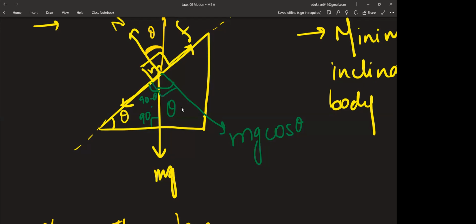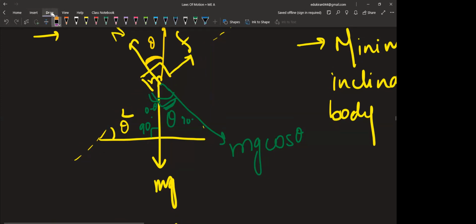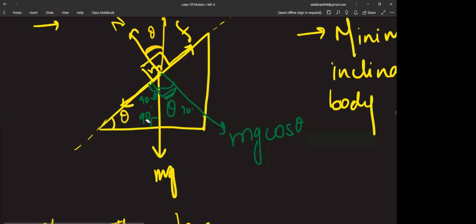This total is 90 degrees, so again this part will become 90, and this will become theta. Understood? This is 90 degrees, this is theta, so in total it becomes 90 minus theta. This total is 90 degrees, so this angle becomes theta.